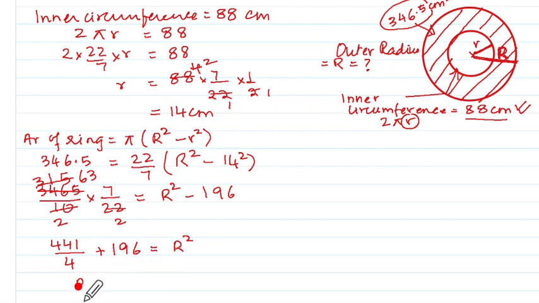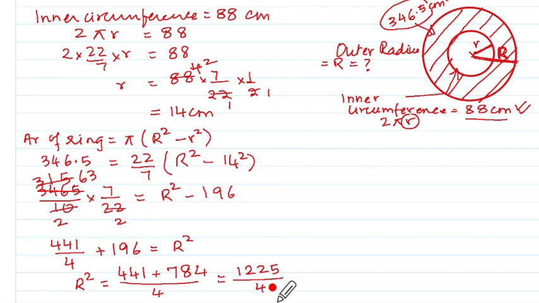Now let us take the LCM. LCM is 4. So 441 plus 4 multiplied by this. So 4 6 is 24, 2 4 9s 36, 38, carry 3, and we have this. So that will give us, you add this 4 and 1 5, 8 and 4 12, 1, and this will be 1225 upon 4.